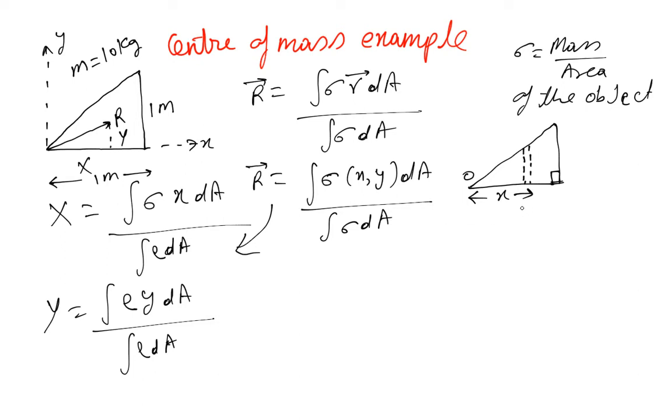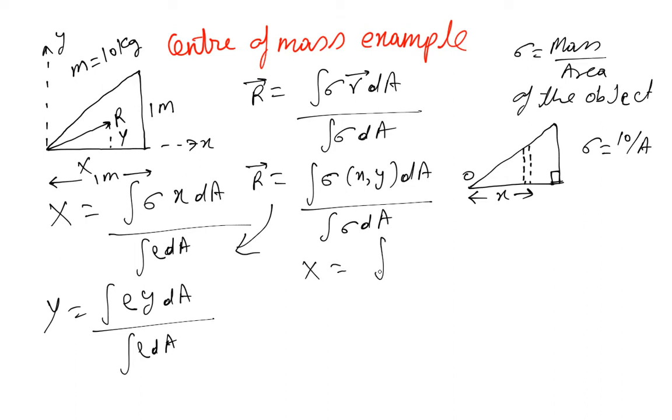Okay, so we know sigma is going to be the mass, which is 10 over A, but let's not worry about sigma right now. Let's call it just 10 over A. Okay, so X is going to be, so let's calculate this, capital X.